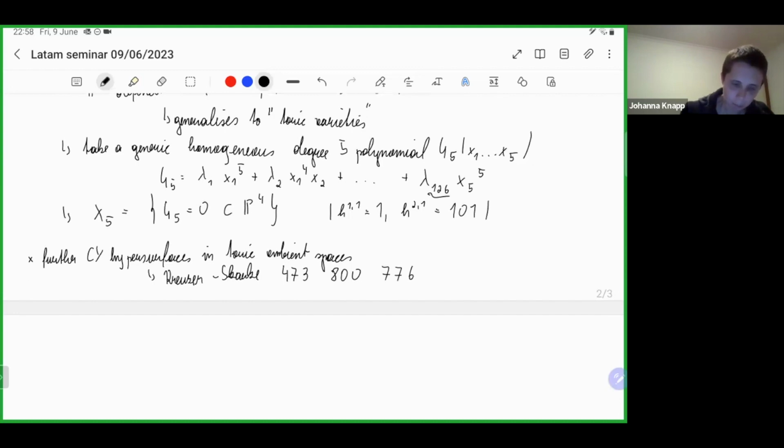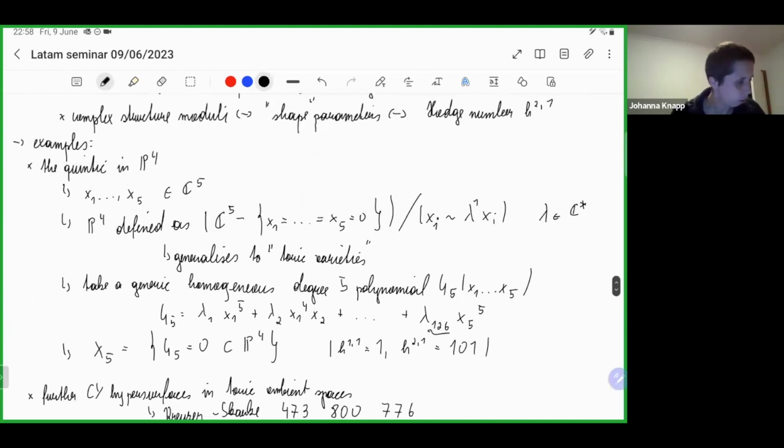And in principle, each of these examples can be realized in terms of a gauge linear sigma model if you work hard enough. I should also say that there are more complicated constructions, like complete intersection Calabi-Yaus in higher dimensional spaces, which have not been classified. And more recently, there are also Calabi-Yaus that are not related to this kind of structure of a toric geometry.